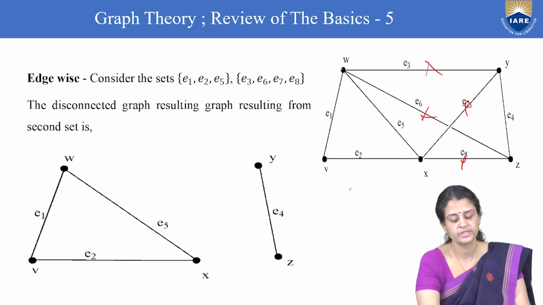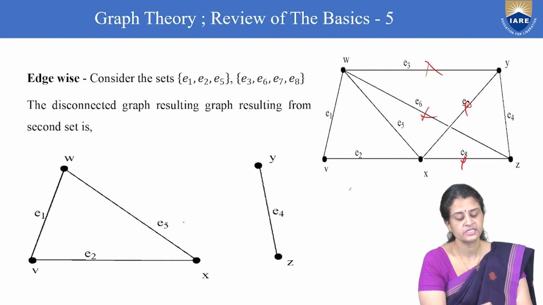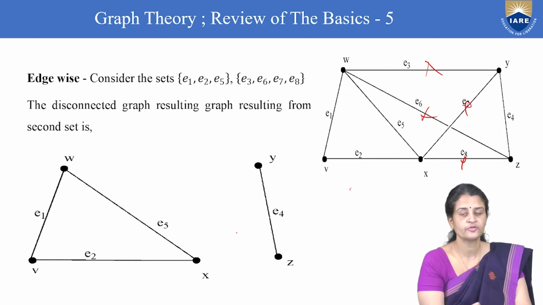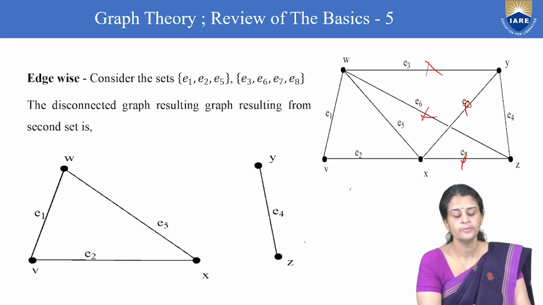And which edges will be there? E1, E5, E2 and E4 will be left. The second condition is shown here. That is, when these four edges are removed, we will be left with this graph with two components like this. Okay? A disconnected graph with two components.